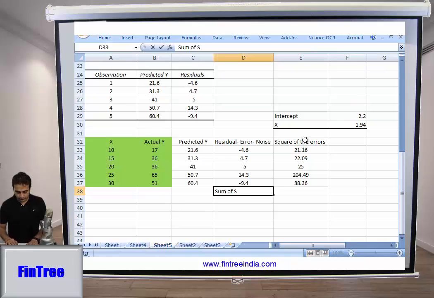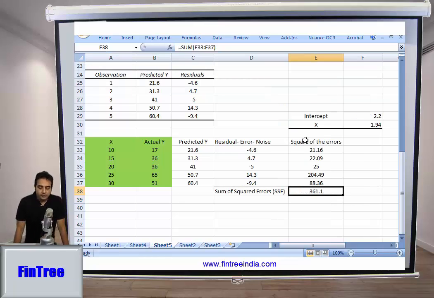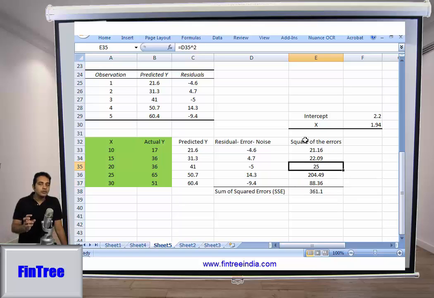Sum of all the squared errors, SSE. So we have 361.1. Now this sum of squared error is one of the criteria for making the selection of the regression line.